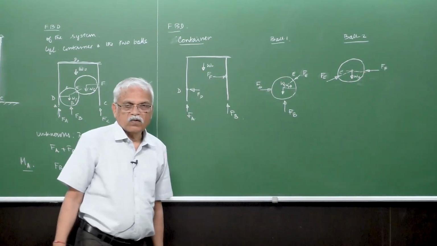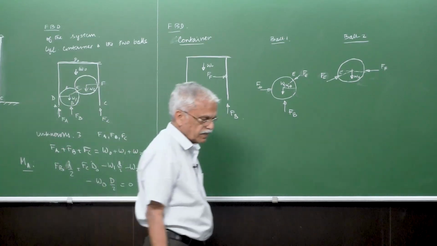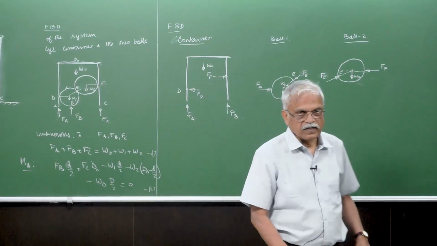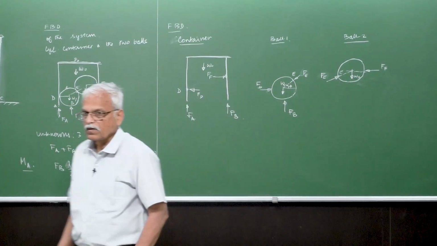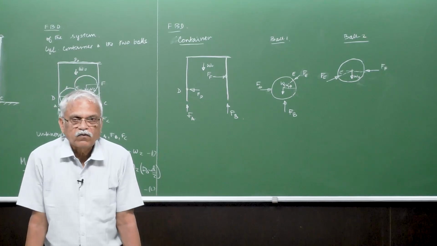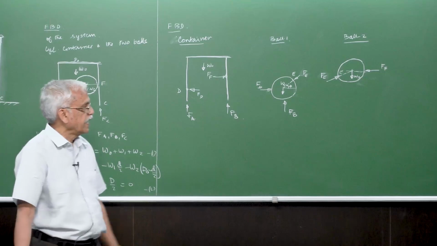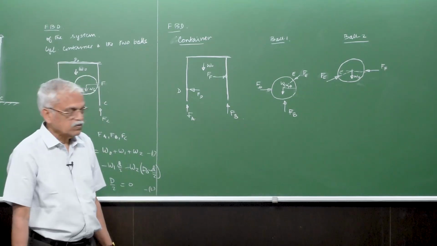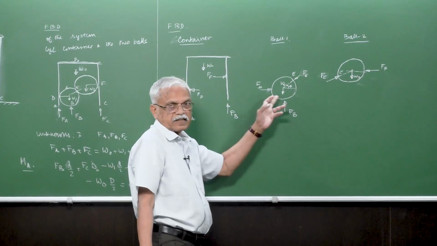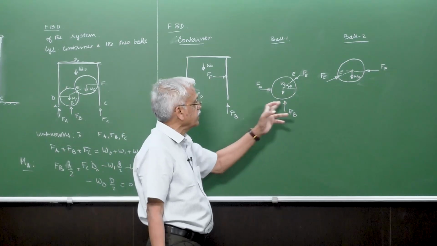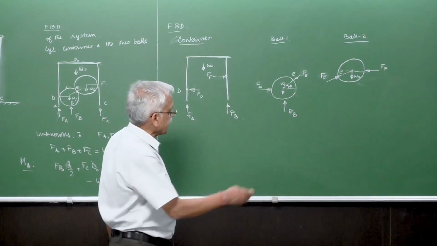Can we put down all the 3 equations? The 3 equations are: sum of forces in x direction is 0, sum of forces in y direction is 0, and the moment is 0. The moment being 0 is already satisfied by making the 3 forces pass through the center.